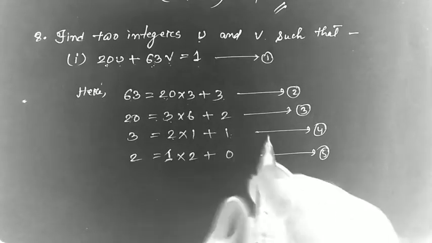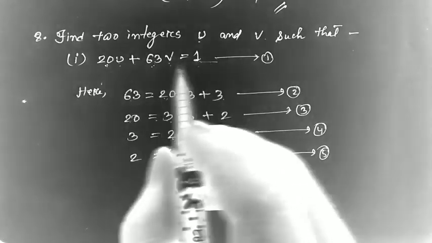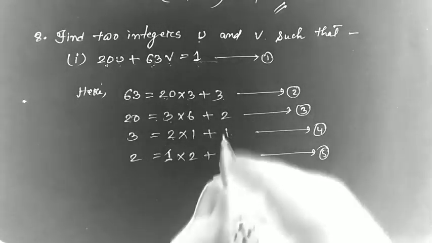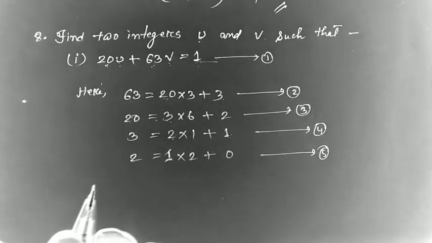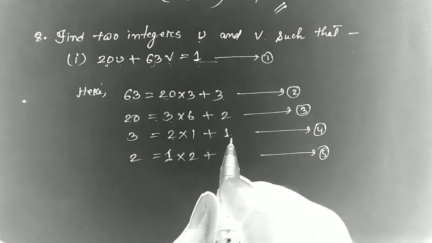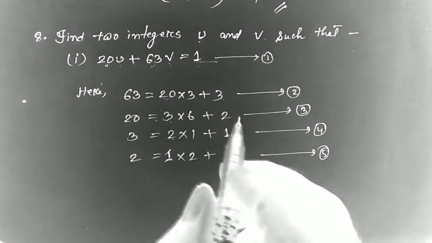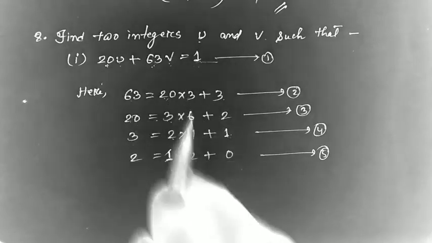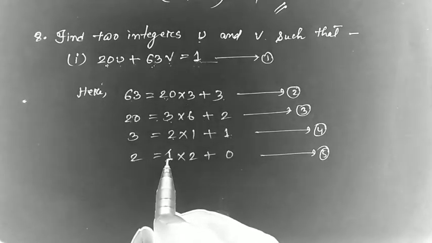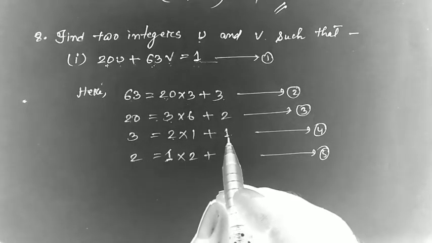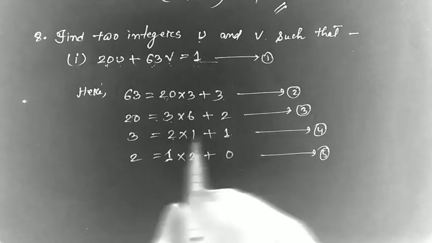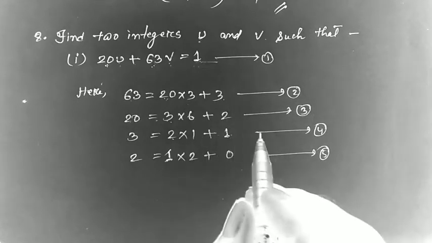Since 63 is greater than 20, 63 is equal to 20 times 3 plus remainder 3. Give it equation number 2.